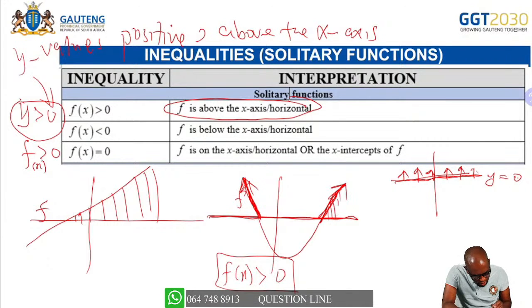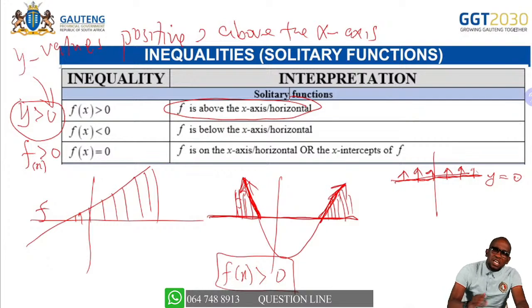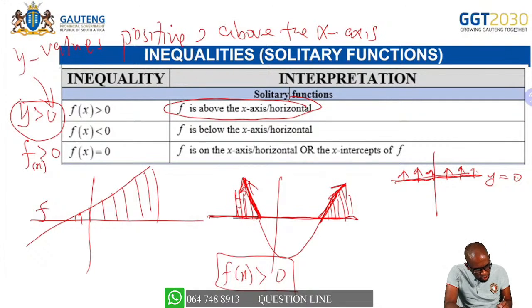Now that you've located those points, you shade the region where that particular function is above the x-axis, and then from there you are going to be able to locate the value of x, to say the value of x will start from here and it will end there.